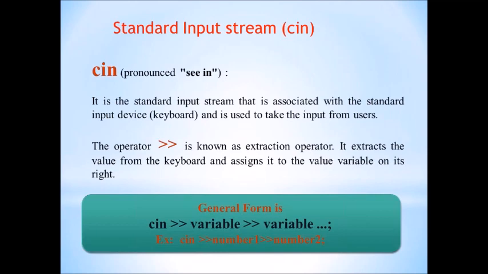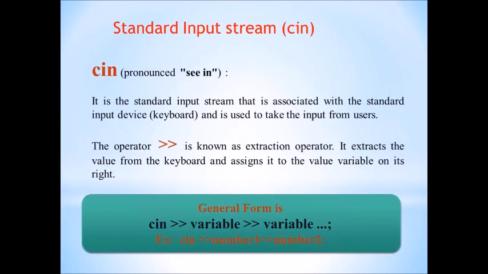The predefined object cin is an instance of the istream class, that is input stream. It is used to read a value or values from the console, that is the input device. It extracts the data from the input device and assigns that data to variables declared in your program. That is the use. The cin uses the extraction operator, that is the greater than symbol.